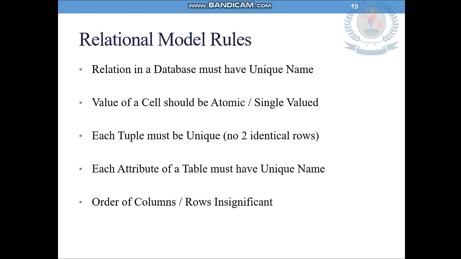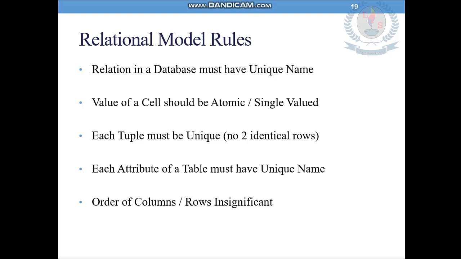So now let's see what are the rules in this relational database model. As I told you, the relational database model usually has predefined data types that it can support. Before learning that, we have to learn some rules for how we can build up the relational database model.